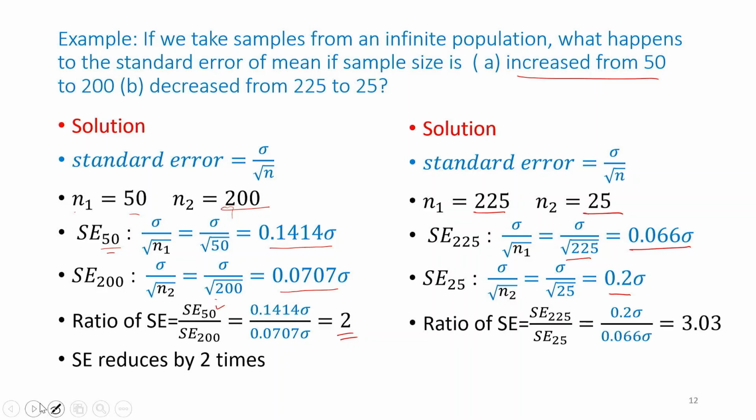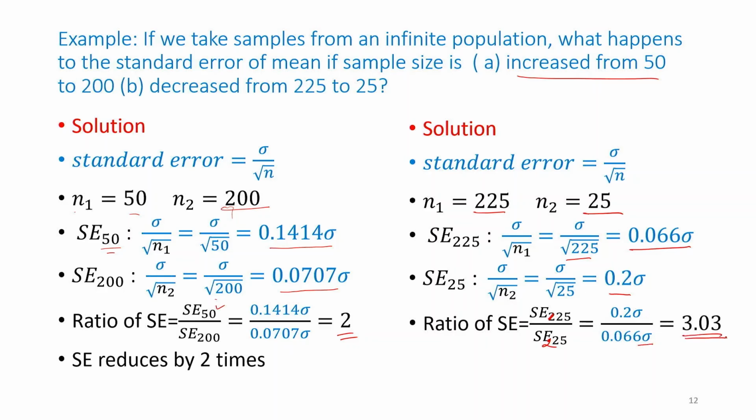And we take the ratio of SE 225 and SE 25. Whichever is larger, we keep at the top, the numerator. So it will be 0.2 sigma by 0.066 sigma.